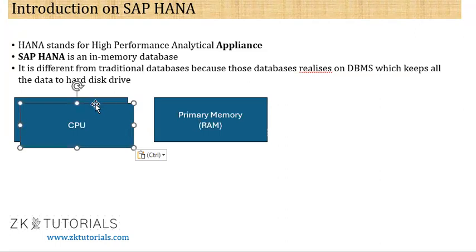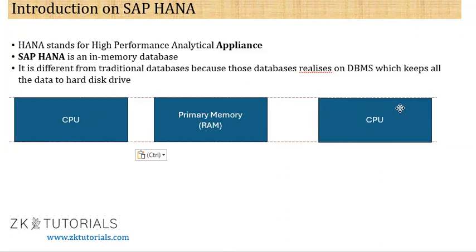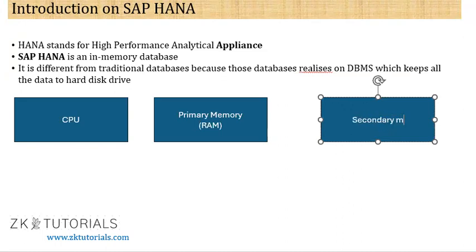Then at the last we have the secondary memory, the hard disk drive. Whenever we start our computer, a booting process takes place which loads our operating system from hard disk to RAM.